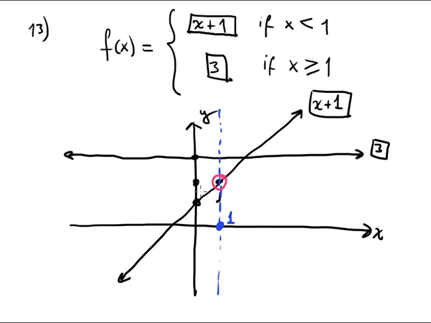So we have an empty circle, and we travel along this line, and this continues to infinity. And after that we jump to the constant function, starting from 1. And the red is the graph of the piecewise function. Okay?